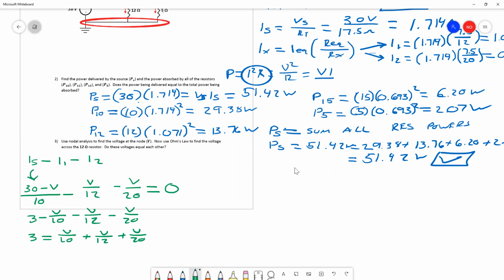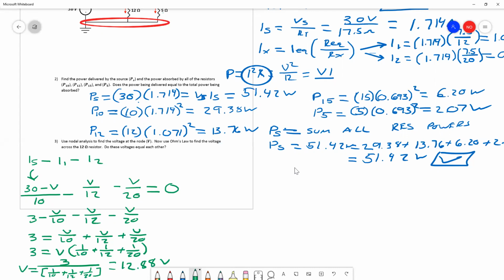Now we will factor out V. So we'll get 3 equals V times the quantity 1 over 10 plus 1 over 12 plus 1 over 20. And finally, we will divide both sides by this quantity here. So we'll get V equals 3 over the quantity 1 over 10 plus 1 over 12 plus 1 over 20. And that roughly gives us 12.88 volts.